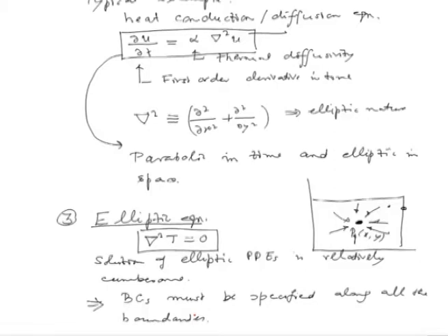Okay, so this is a general description about the nature of the PDEs, or what we call quasi-linear PDEs. We have had a look at some of the examples.